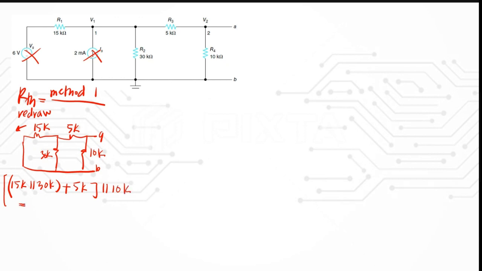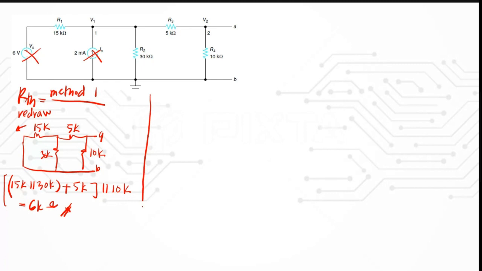Then if you calculate this value, you find that your RTH is actually equal to 6 kilo ohm. So it's going to be 6 kilo ohm for your RTH.